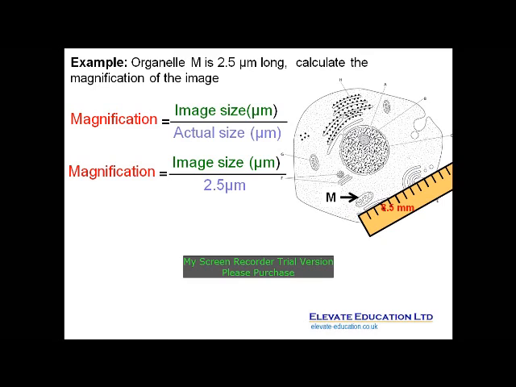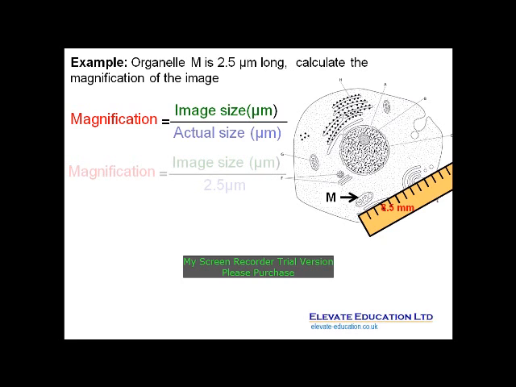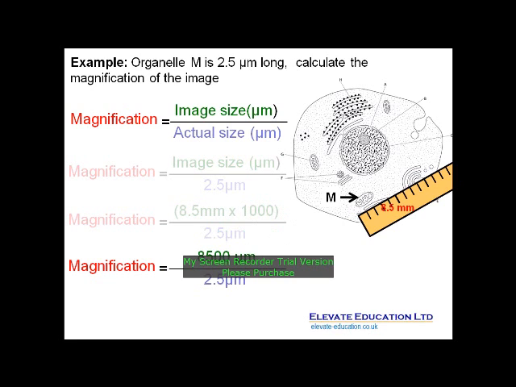Again, we can't use millimeters in our calculation, where everything has to be in micrometers. So we turn our millimeters into micrometers by multiplying them by 1,000. So we end up with 8.5 times 1,000 divided by the actual size of 2.5 micrometers, which gives us 8,500 divided by 2.5. So we end up with a magnification of 3,400 times.